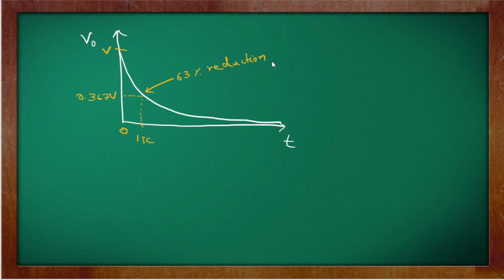63% reduction. Now, what happens in 2 time constants?